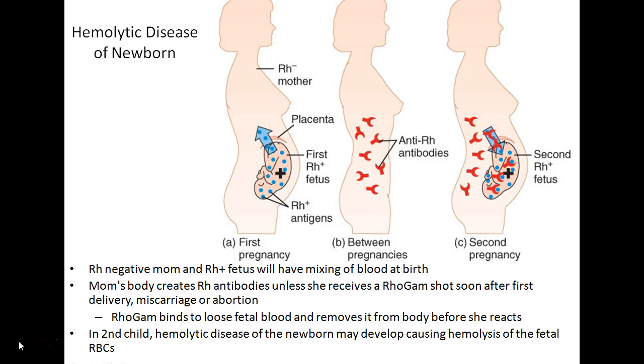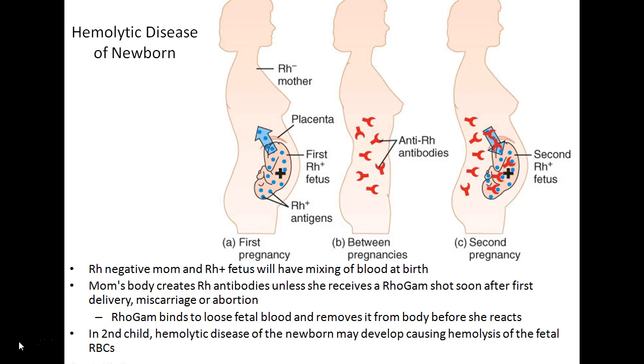Let's look into that. The mother may produce antibodies that counteract the fetus's blood. If the mother, prior to pregnancy, has never produced antibodies to Rh positive blood, then the fetus may not have any difficulty. But if the mother has already formed antibodies to Rh positive blood, then the fetus will be in jeopardy.